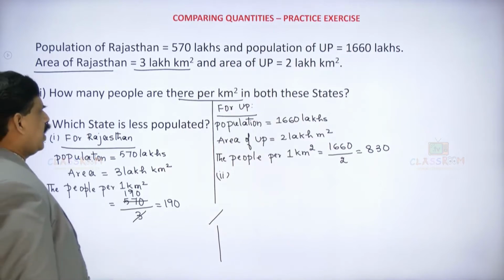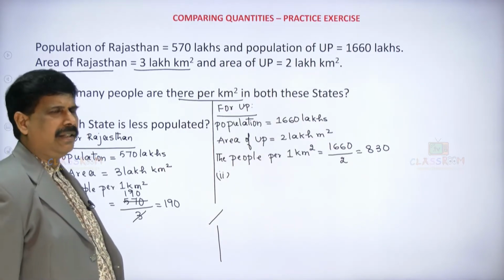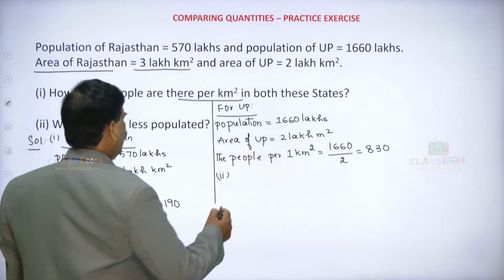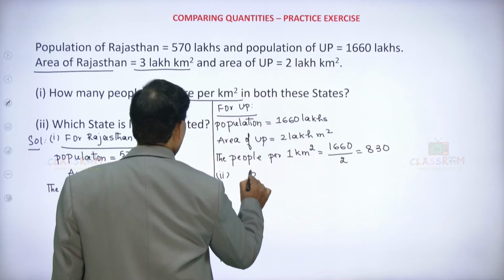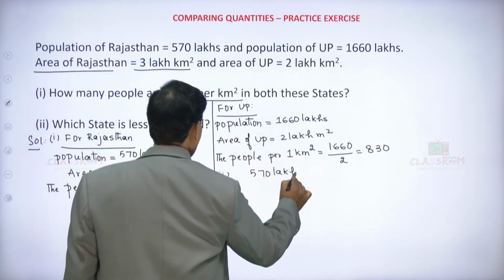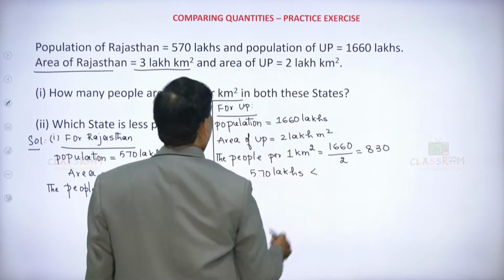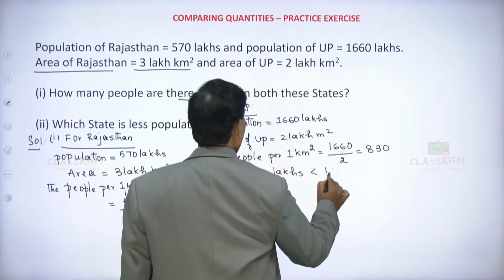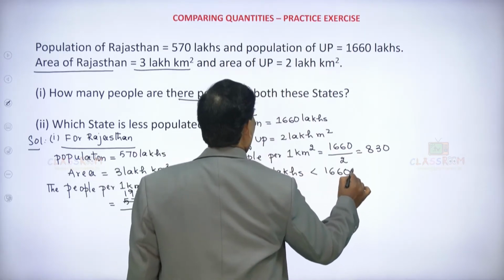Now, which state is less populated? Of course, 570 lakhs is lesser than 1660 lakhs.